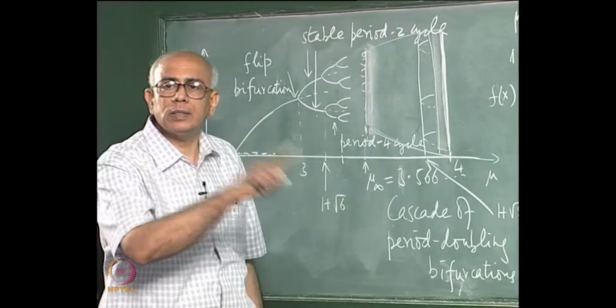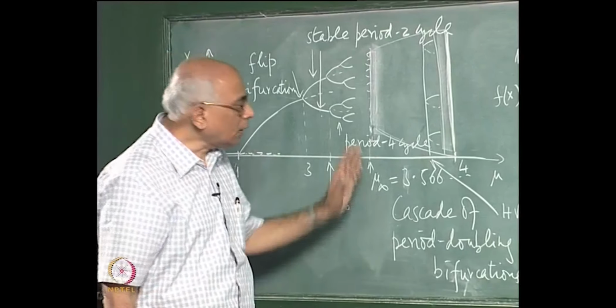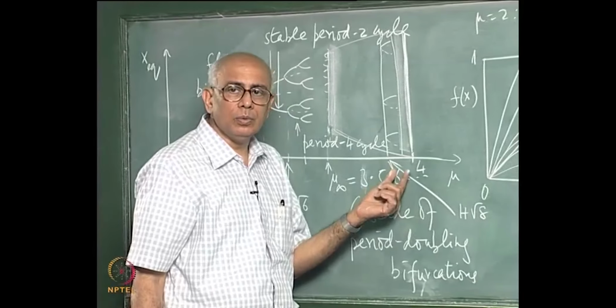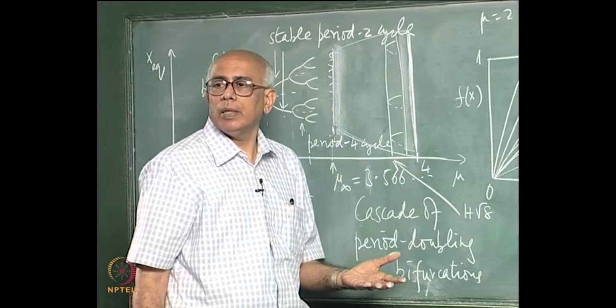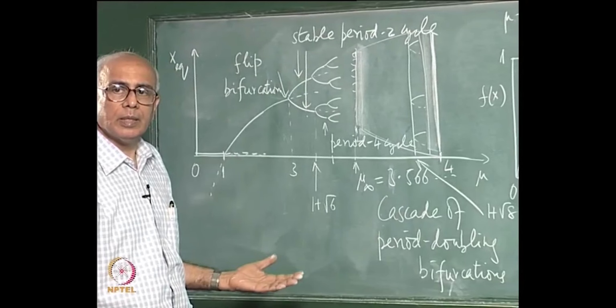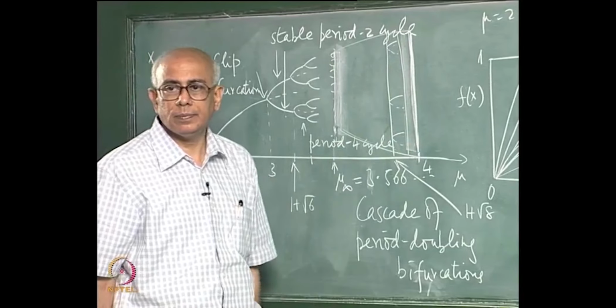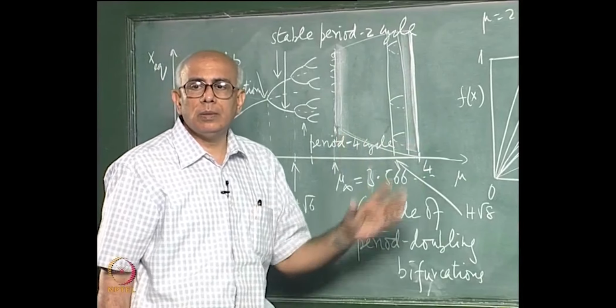So there are 3 points and it flip-flops between these 3 points. That continues for a while, a small range of mu, and eventually that periodic cycle becomes unstable, all the other integer periods also become unstable, and the system has no recourse but to become fully chaotic, and this continues till mu equal to 4.